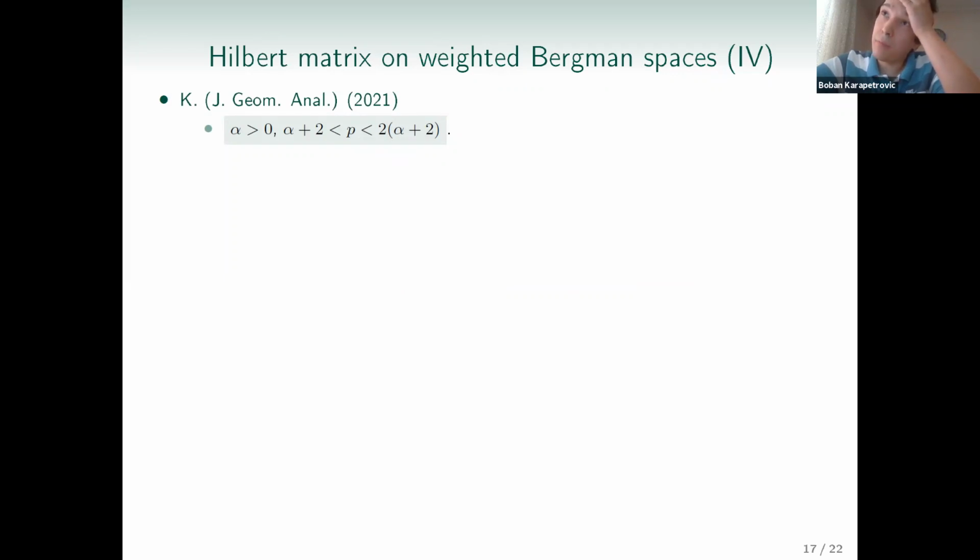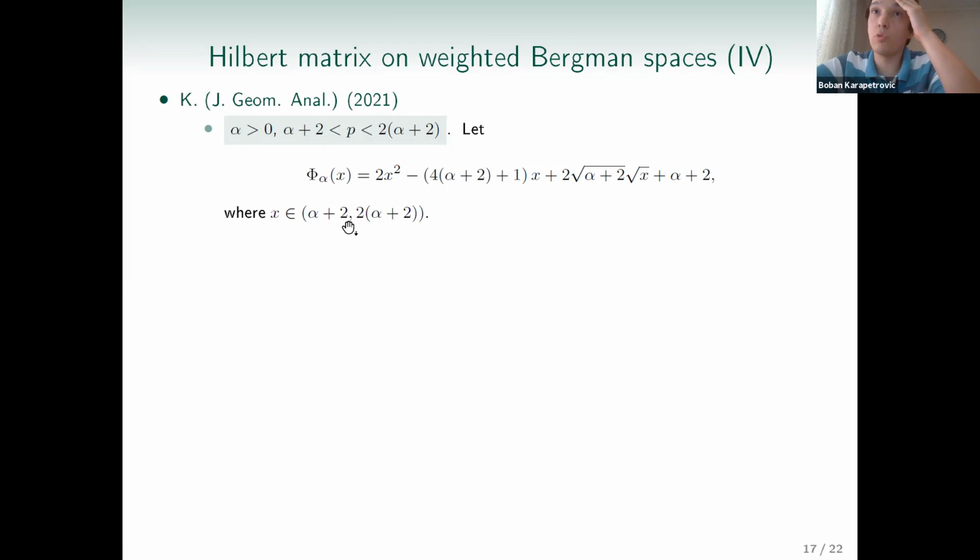again, we use a method based on the monotonicity of integral means. And after some work, it turns out that it's useful to know when the following function, phi, given by this relation, is positive on the interval from alpha plus 2 to 2 times (alpha plus 2).